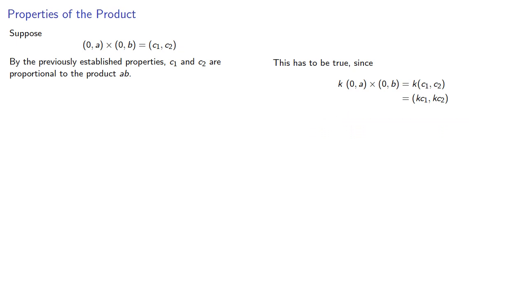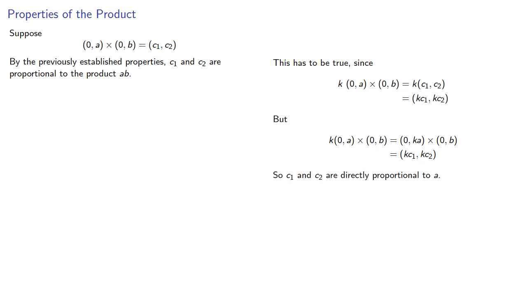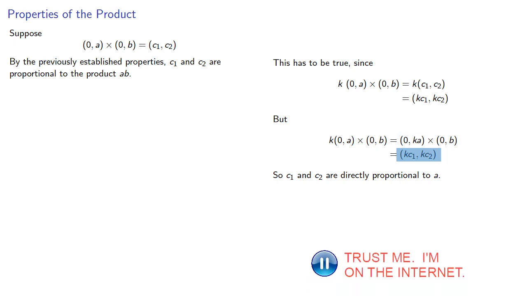But on the other hand, if we find the scalar multiple of the first factor, and then multiply it by the second, we get, and again we should get the same thing, and what that means is that C1 and C2 have to be directly proportional to A, because when we scale A by a factor of K, we also scale the two components.